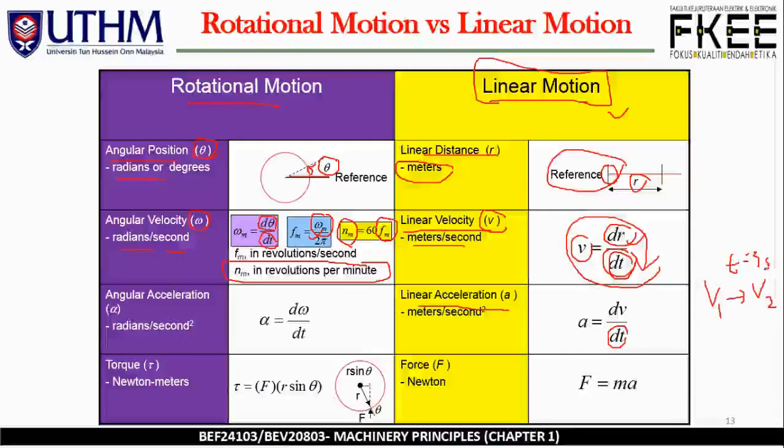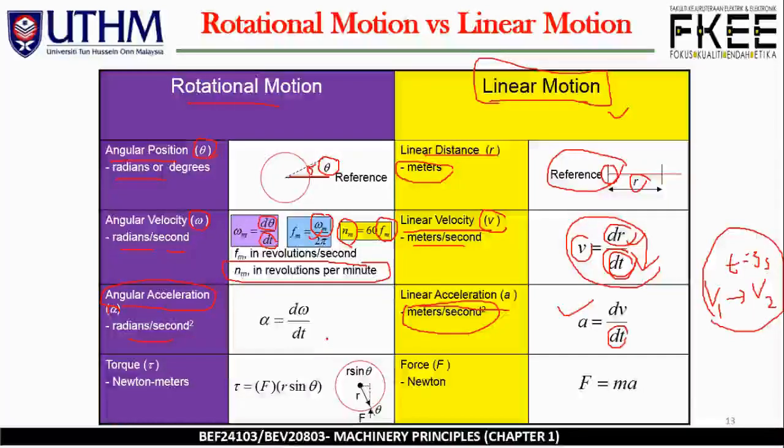From there we can obtain the linear acceleration with unit of meters per second squared. This is the acceleration. The same goes for angular acceleration, alpha, in radians per second squared.